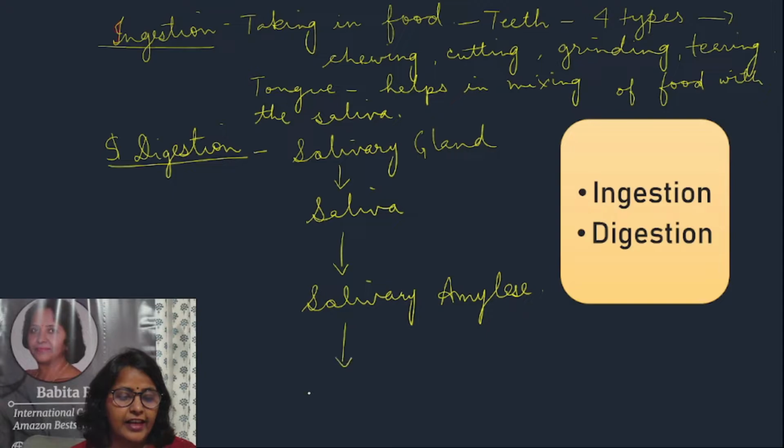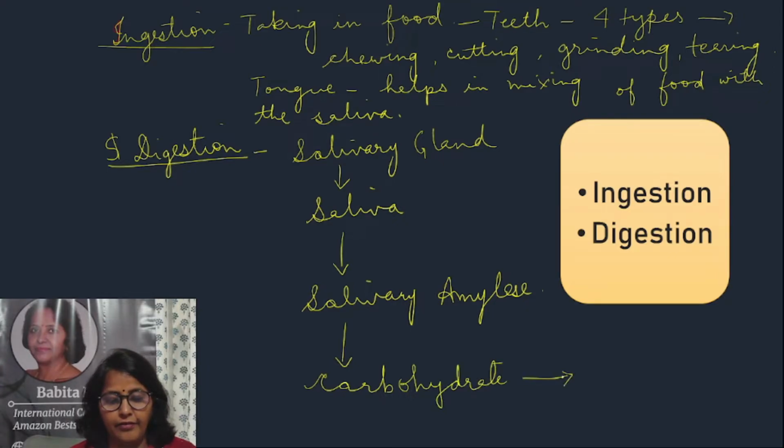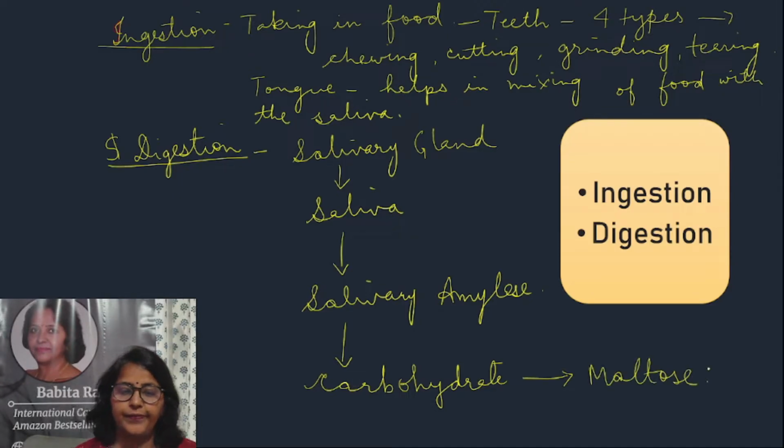This salivary amylase acts on carbohydrate and converts it into maltose.